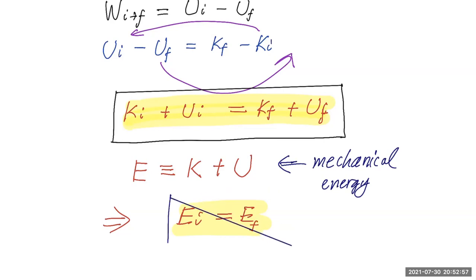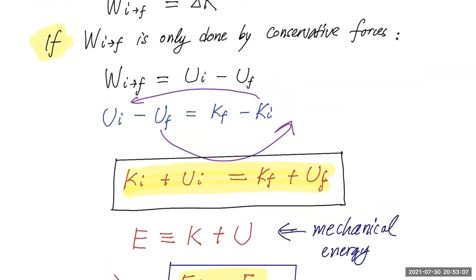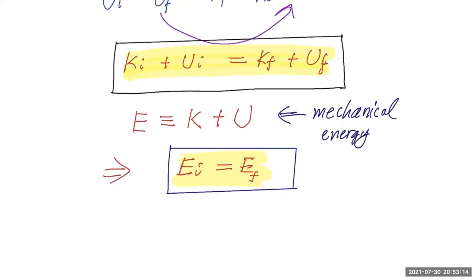but that is not unconditional. E initial equals E final comes at a price, and the condition is that the work is only done by conservative forces. So we can also say all the forces doing work are conservative.